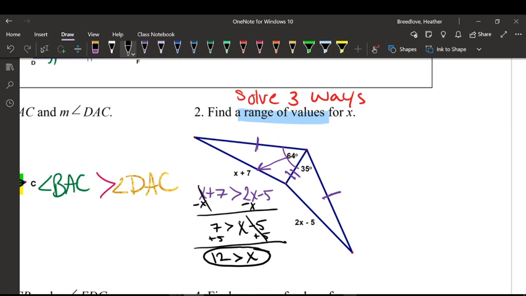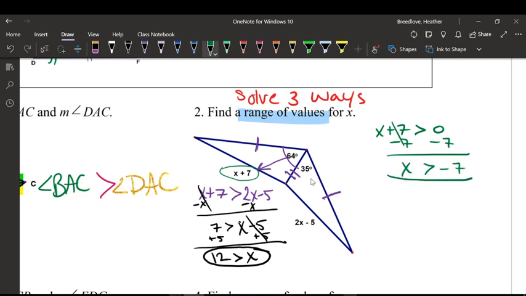So we have to take each one of them. So I'm going to take the x plus 7 and say it's greater than 0. Because if it's not greater than 0, then there's nothing there. So that's pretty easy to solve, right? It's just subtract the 7. So x is greater than negative 7.